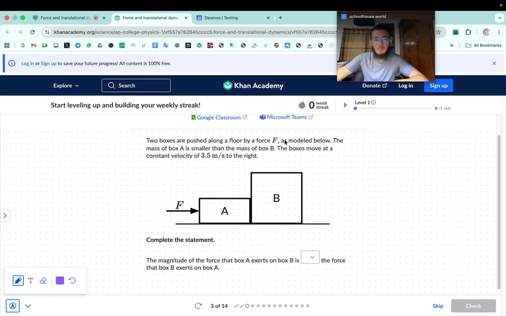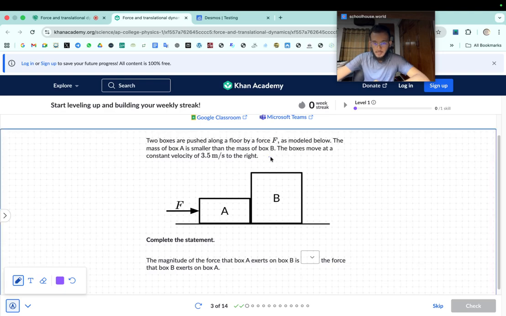Two boxes are pushed along a floor by force F, as modeled below. The mass of box A is smaller than the mass of box B. The boxes move at a constant velocity of 3.5 meters per second to the right.